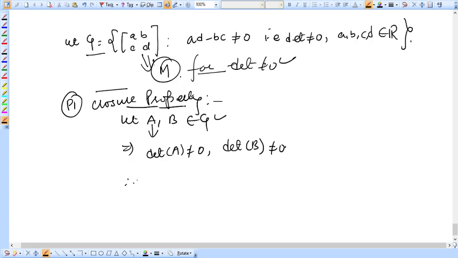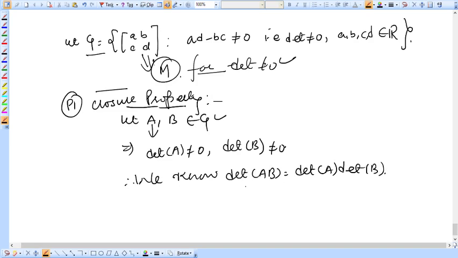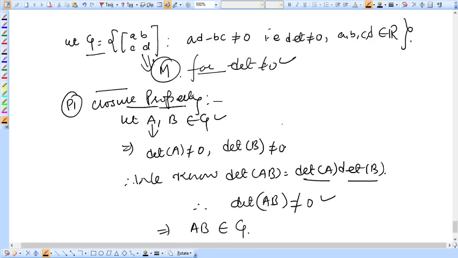We know determinant of AB is equal to determinant of A into determinant of B. This is not equal to 0, this is also not equal to 0, therefore determinant of AB is not equal to 0. So therefore A comma B belongs to G, right?